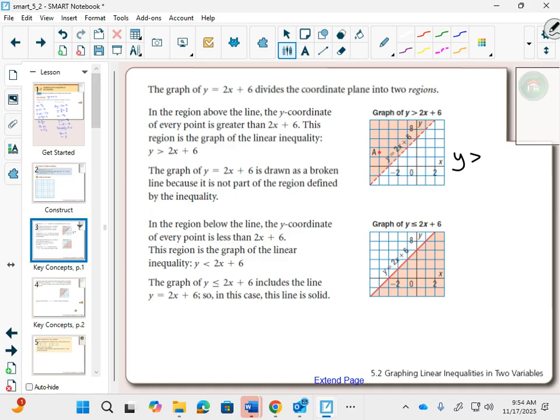If you have a y greater than, what's going to happen is you are going to draw your graph.